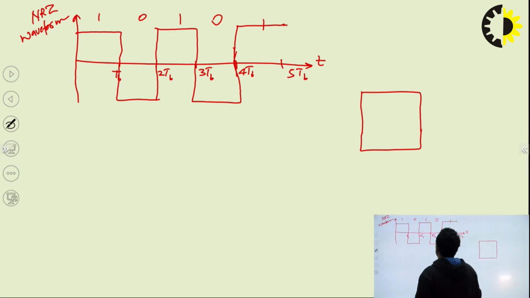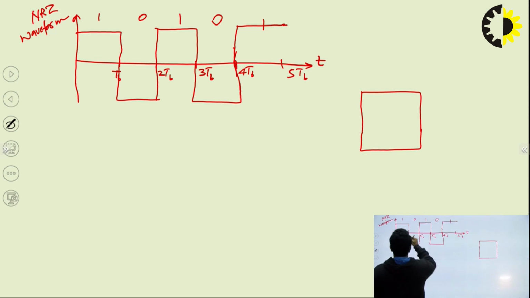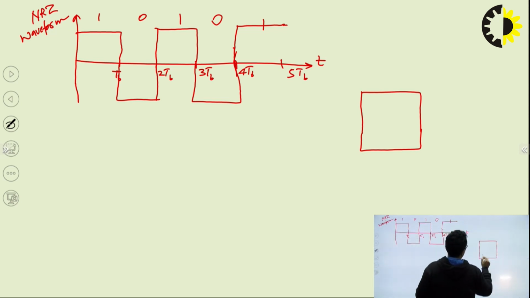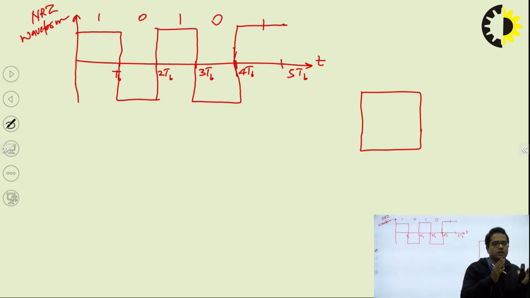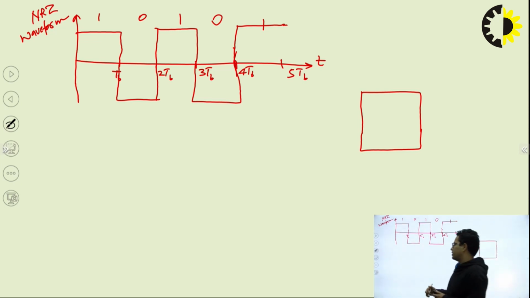So this is high and this is low, and we are overlaying all these zeros and ones in order to get the original eye diagram, to get the strength of this received signal.